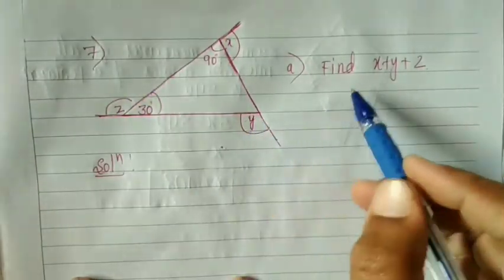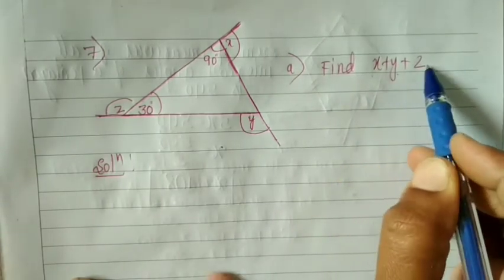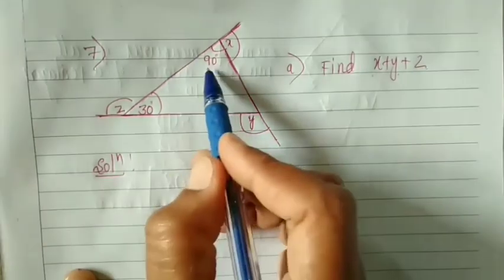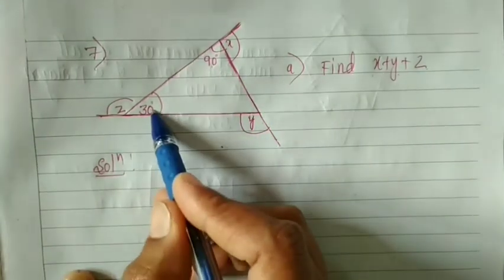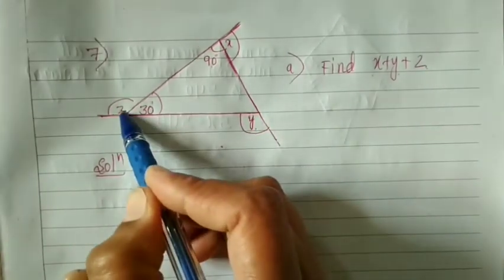Next one, look at this figure. In this figure, you can find out x plus y plus z. Here, this is 90 degree, 30 degree, x, y, z.